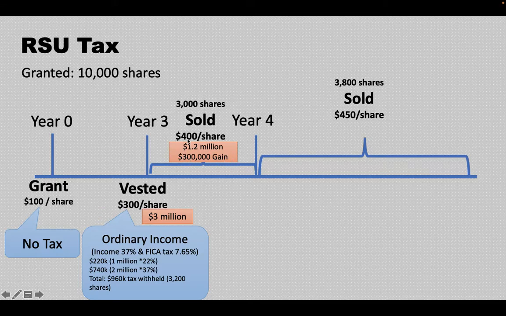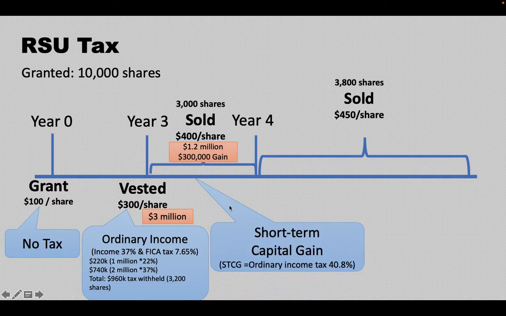You get the capital gain from $400 per share minus $300 per share, times 3,000 shares, which gives you $300,000. This will be a short-term capital gain taxed at the ordinary income tax rate, the highest being 37% plus an additional 3.8% net investment income tax. That's how this $1.2 million is going to be taxed.